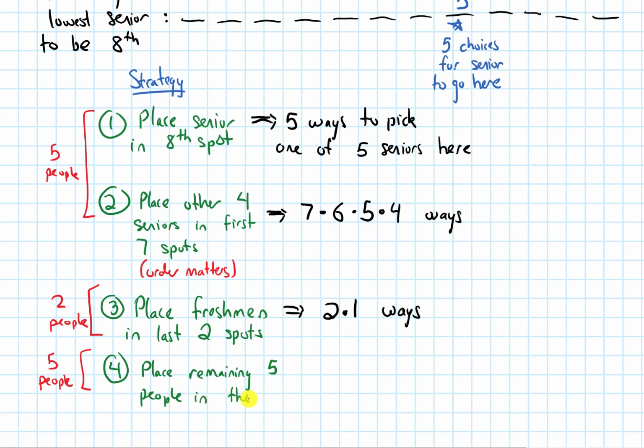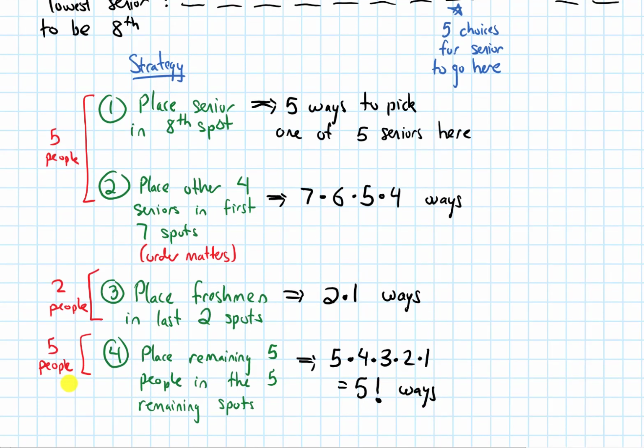At this point, there are 5 remaining spots. In the 5 remaining spots, so these are the juniors and the sophomores, and there's no restriction on where they can go. So there's going to be 5 choices for the first, which spot to put the first person in, and 4 choices for the next one, and 3, and then 2, and then 1, which is 5 factorial. 5 factorial ways to place them.